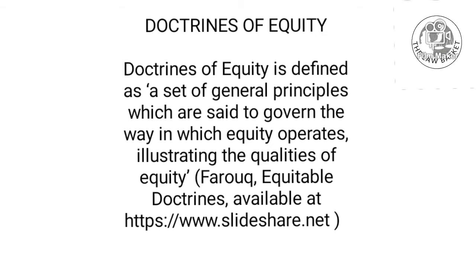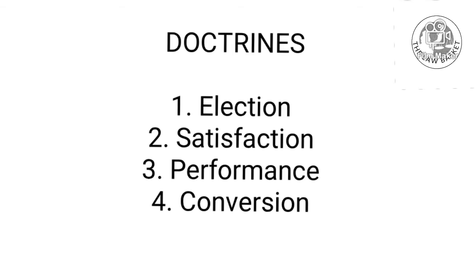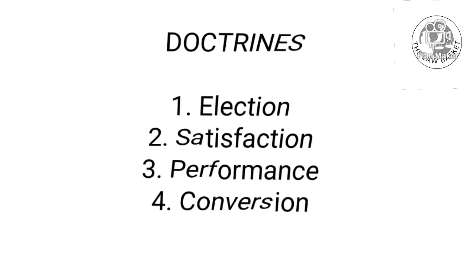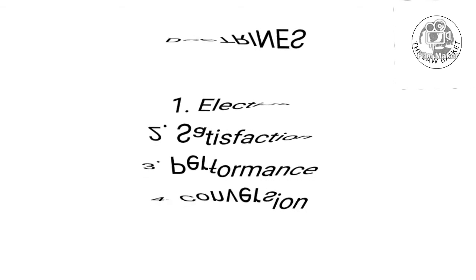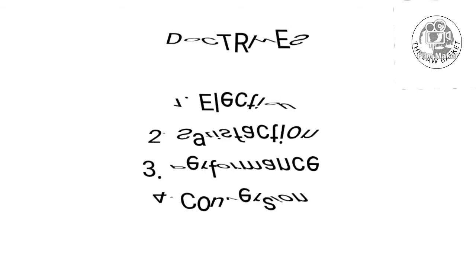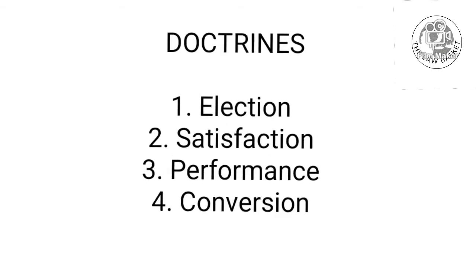Examples of identified doctrines of equity by legal scholars are as follows. First, we have election. Second, satisfaction. Thirdly, we have performance. And in the fourth place, we have conversion. So these are the four recognized doctrines of equity by legal scholars.